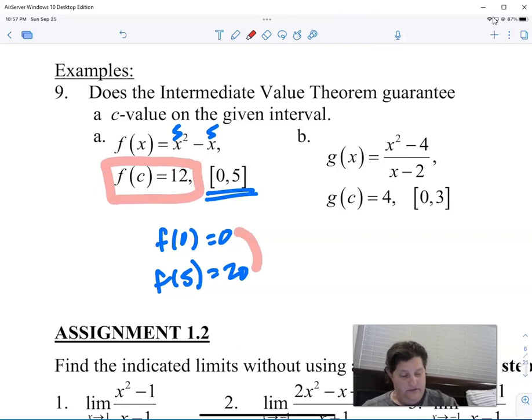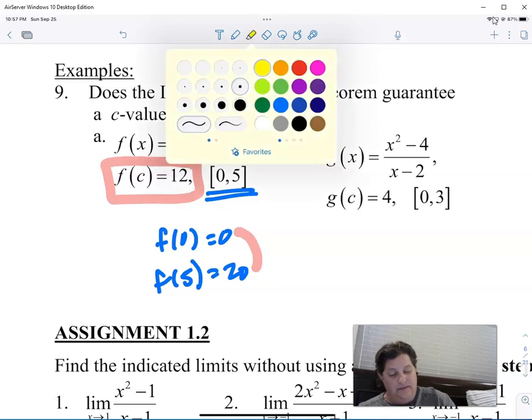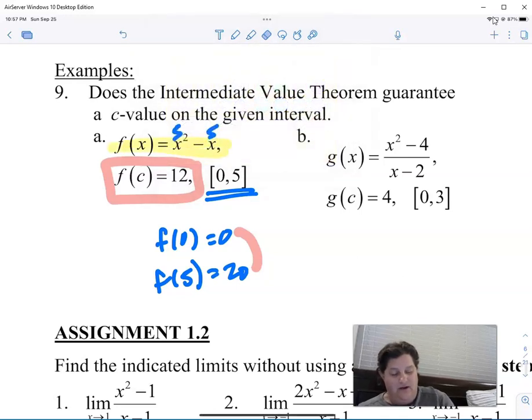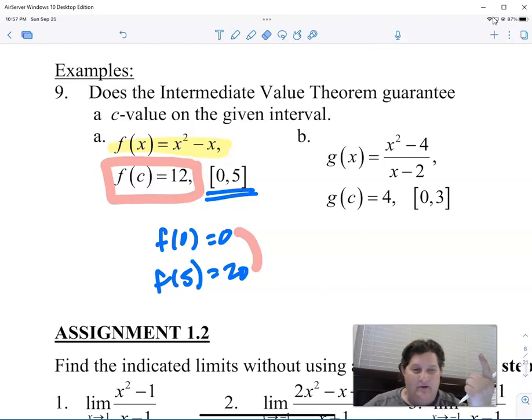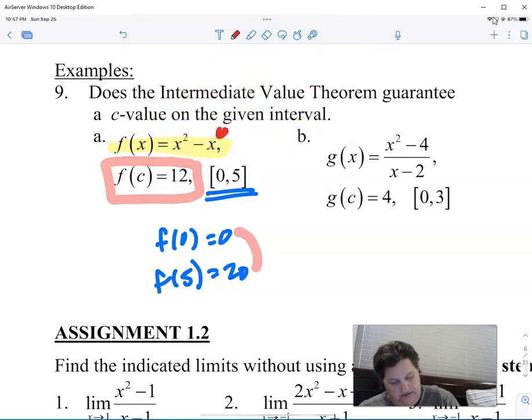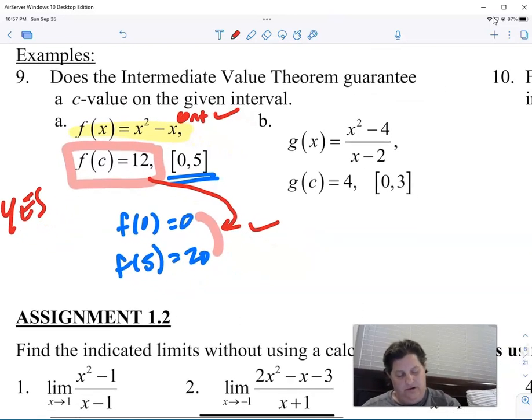Yes, it is. The other thing we want to check is continuity. Well, guys, the only things that aren't continuous are like divide by 0, or square root of a negative number. That's definitely continuous. So here's what you check. Continuous, check. 12 between those, check. Yes, the intermediate value theorem works.